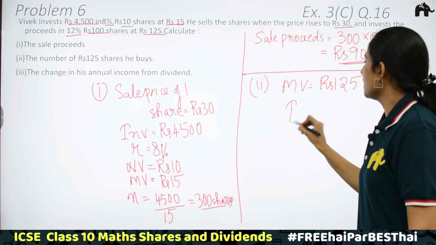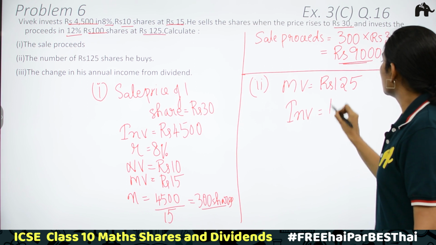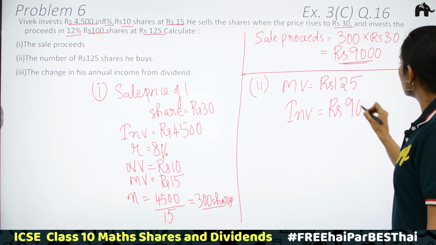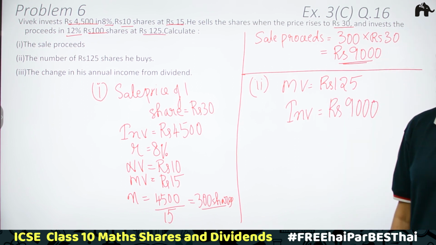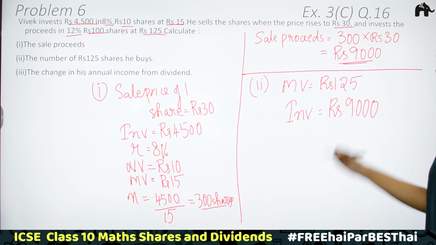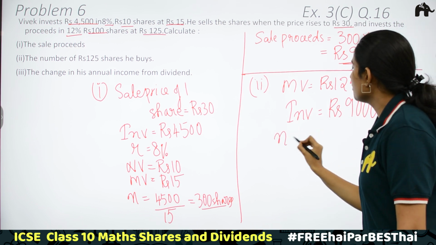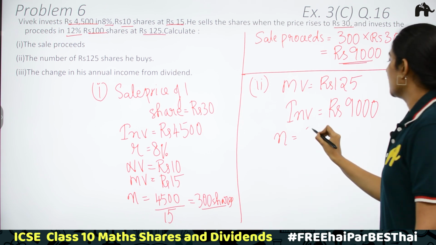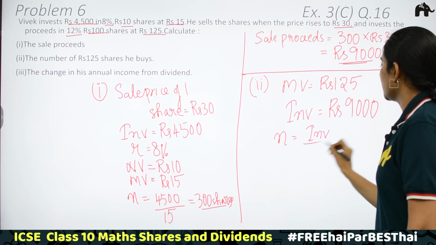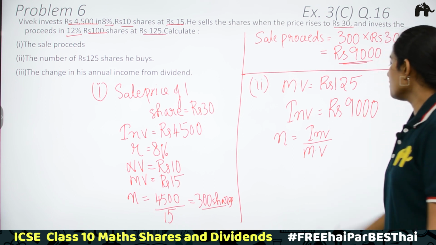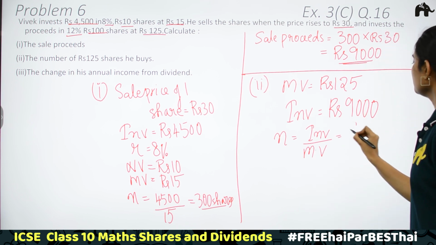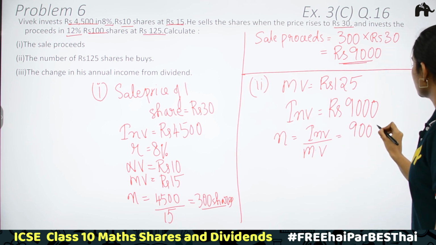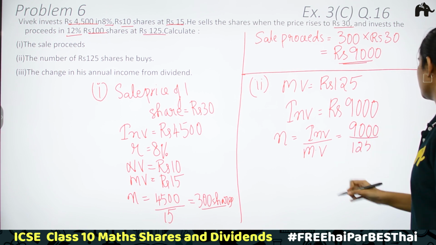Here the investment becomes rupees 9,000. Now, what is the number of shares? Investment divided by market value of one share. 9,000 by 125.